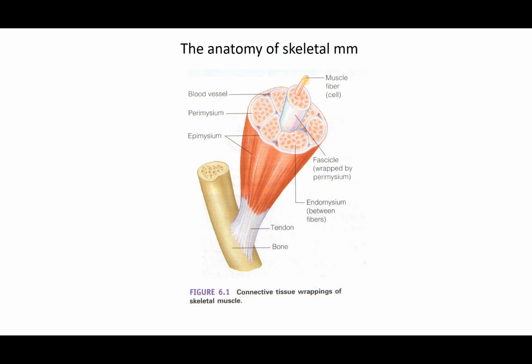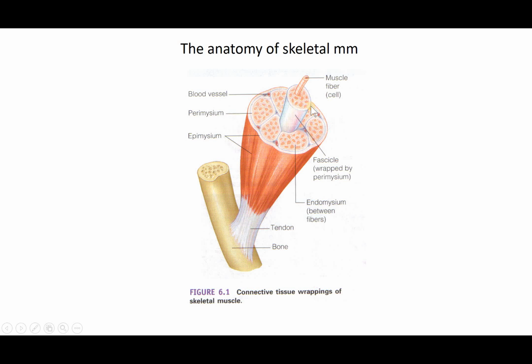Okay, so each of these is going to represent a raw spaghetti strand. That's your muscle fiber or the muscle cell. And if you notice, there's a bunch of them put together. Okay, just like you were to grab a handful of these.